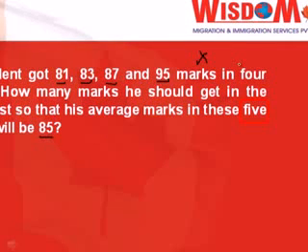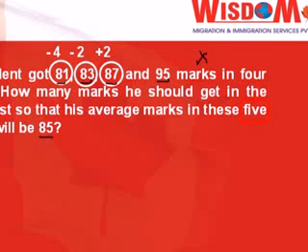So, the deviation given by 81 from 85 would be negative 4. The deviation given by 83 from 85 should be negative 2. The deviation given by 87 from 85 should be positive 2. Now, if we add all the deviations, this negative 2 will cancel out the positive 2.